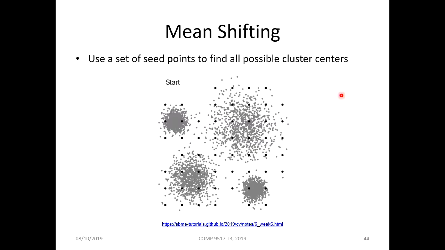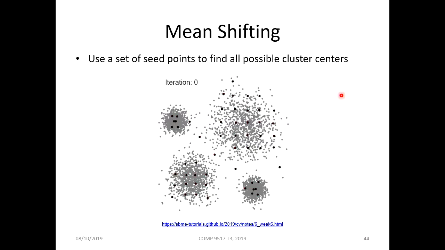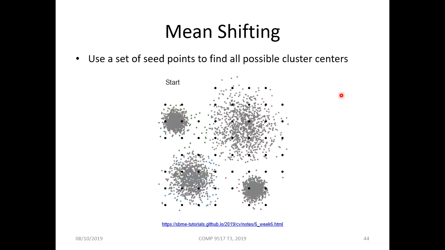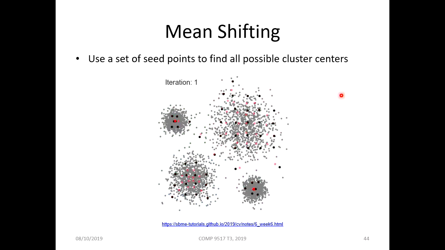But you can do the same thing with a whole set of seed points. And you see in this animation, for every iteration, what happens. So if you start with 100 seed points and you do this mean shifting for all of them, they will all shift towards the region, the position within the space that has the highest density, closest to where you started originally.